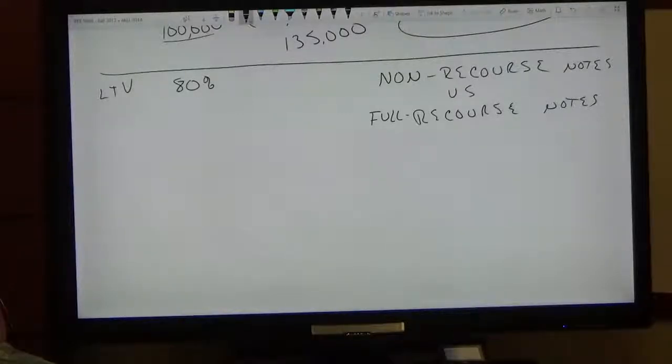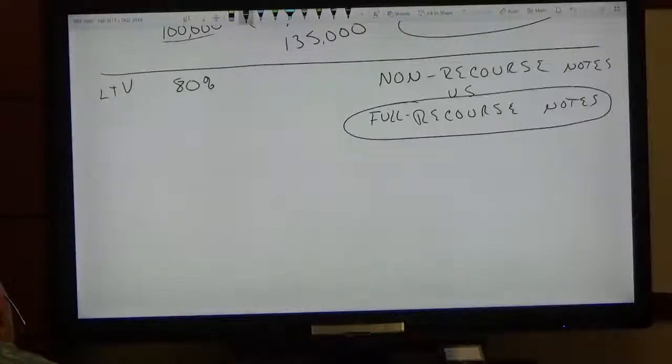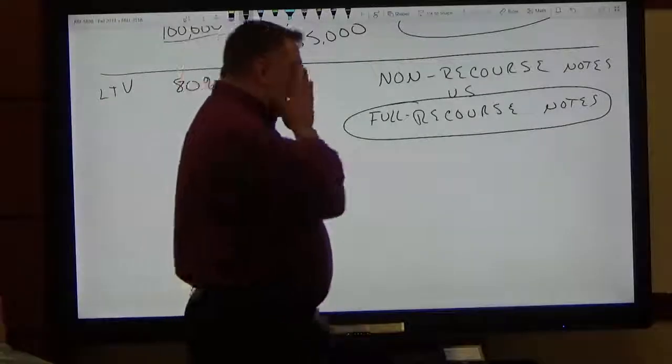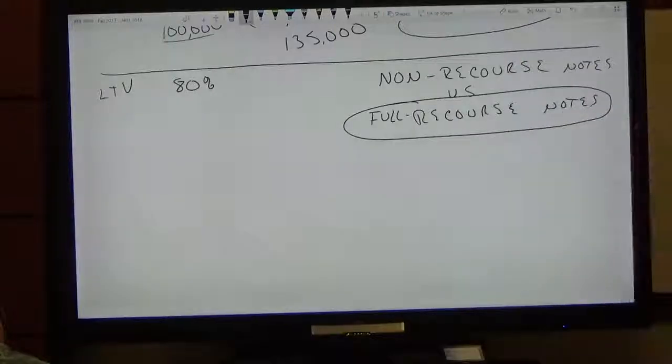But over time, lenders have gotten a little more skittish about these sorts of things because they've had some bad experiences. One of the very first things they do, sometimes even before they adjust the loan to value ratio, is start using full recourse notes. What that means is, in the event that you don't pay your mortgage, they can come chasing you down the street.